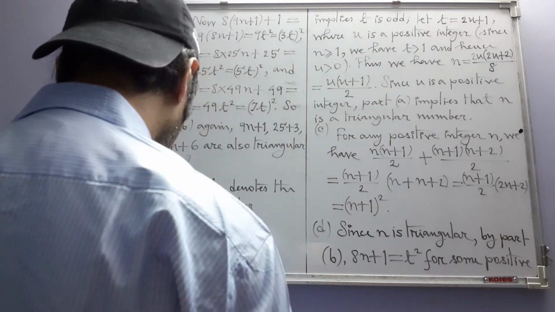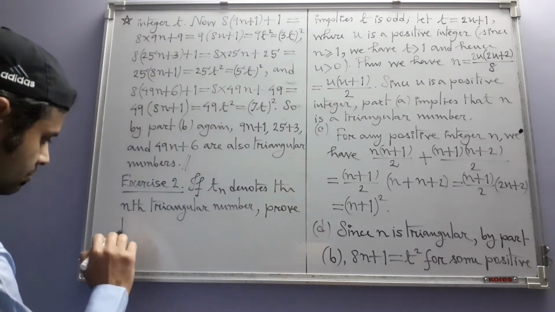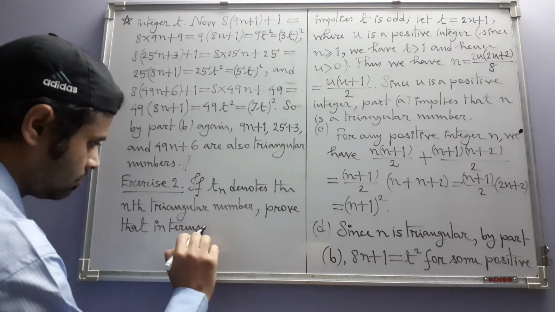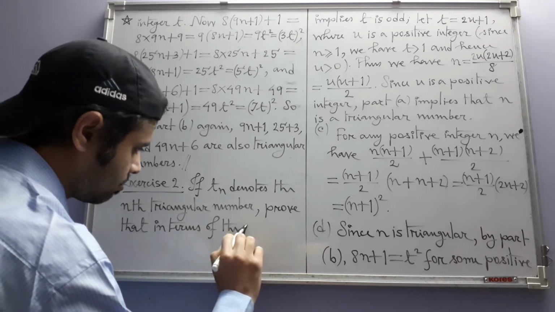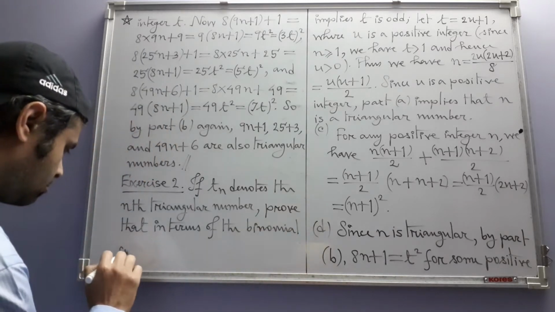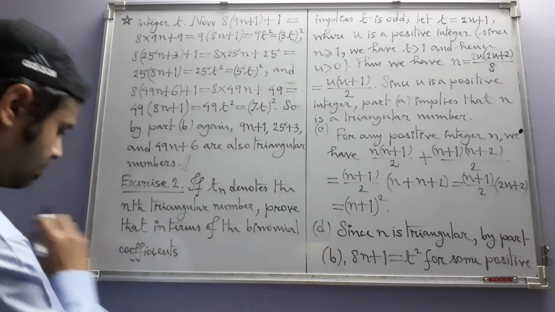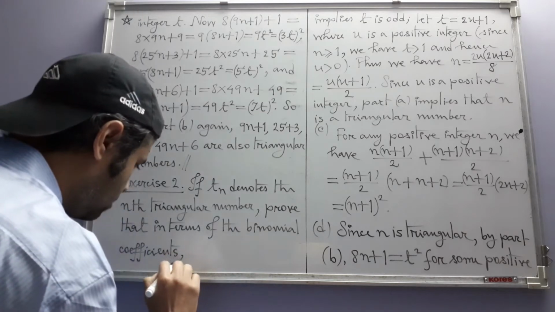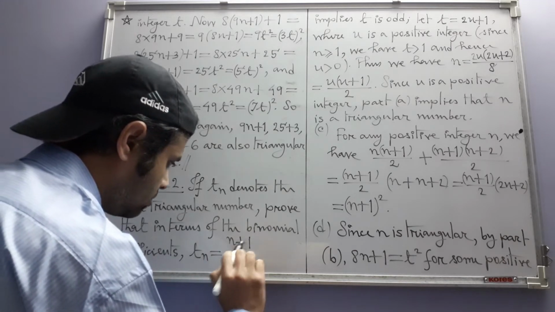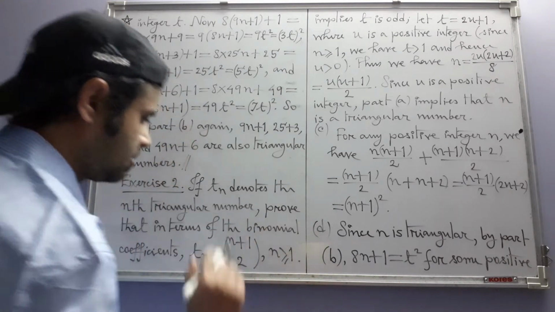So this is the nth triangular number. Prove that in terms of the binomial coefficients, Tn is n plus 1 choose 2 for all positive integers n.